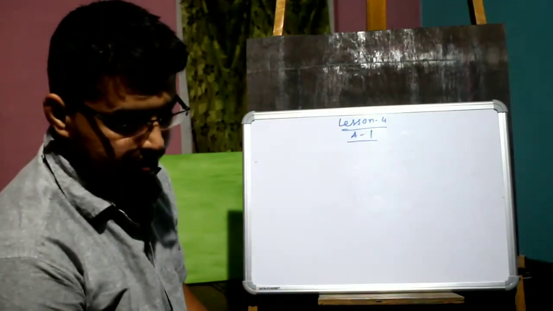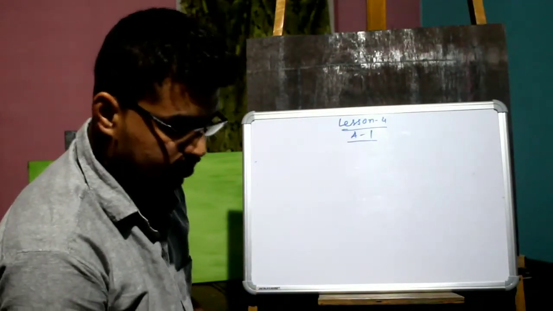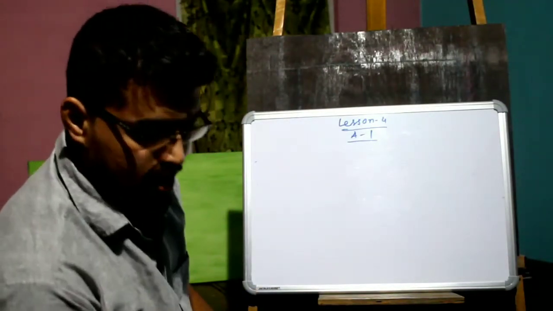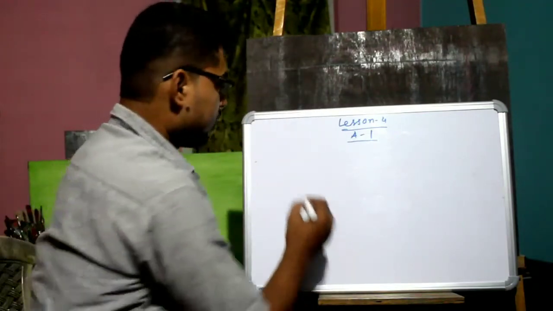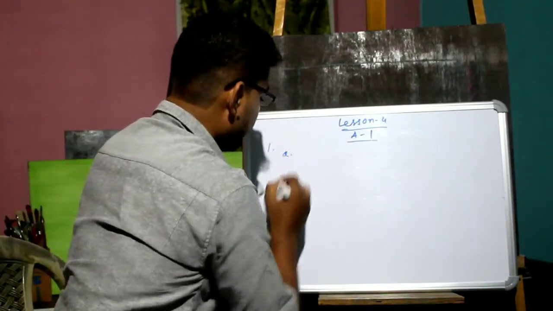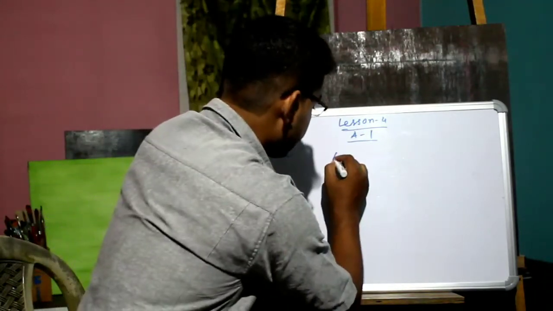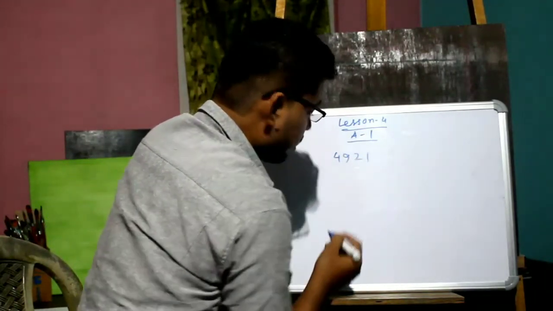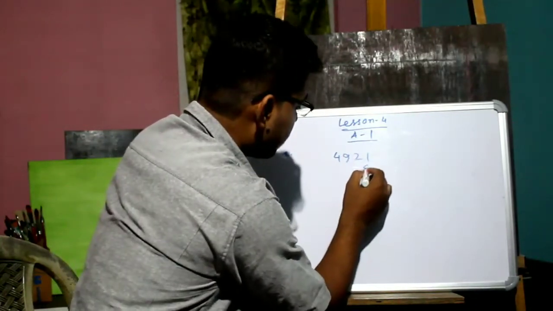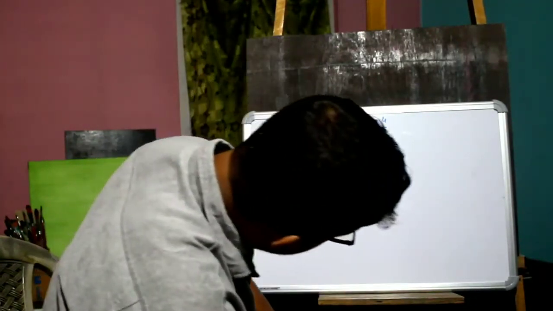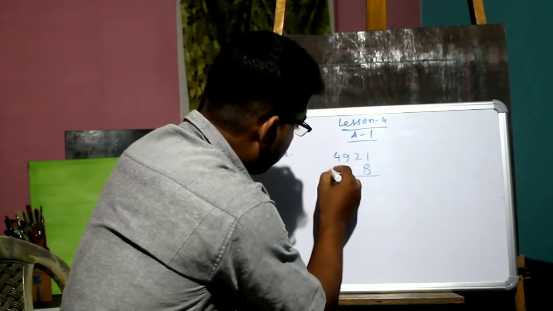Activity 1, number 1, A. 4921 into 8. So multiply this.